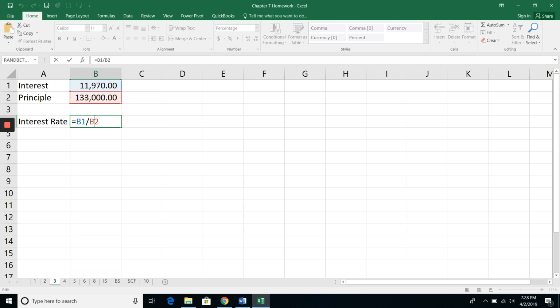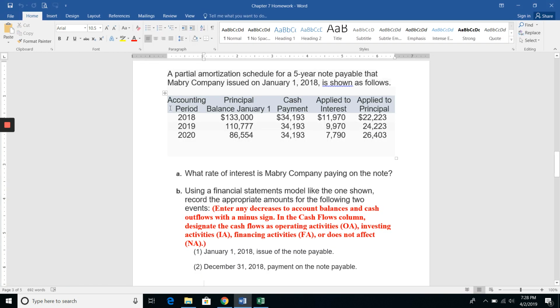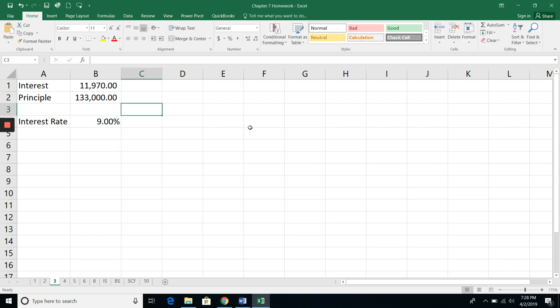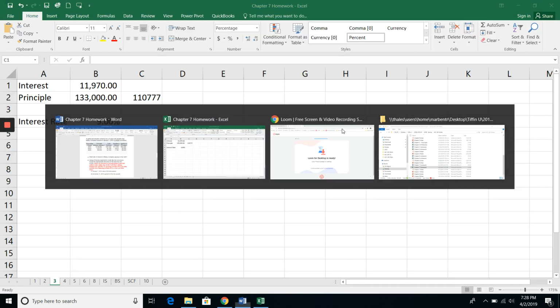Again, we can do this with any number of those interest and principal payments. Here, the principal balance was 110,777. So if we put that into our formula, 110,777, and look at the interest that kicked off, that was 9,970.